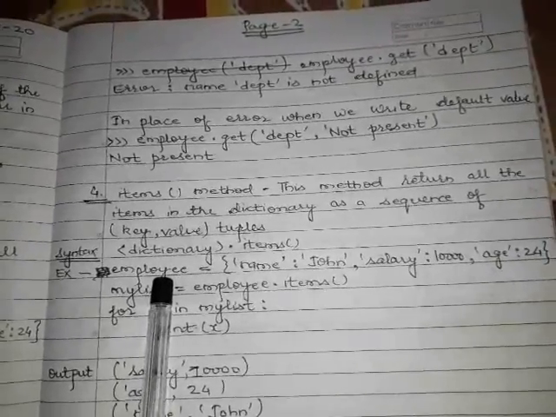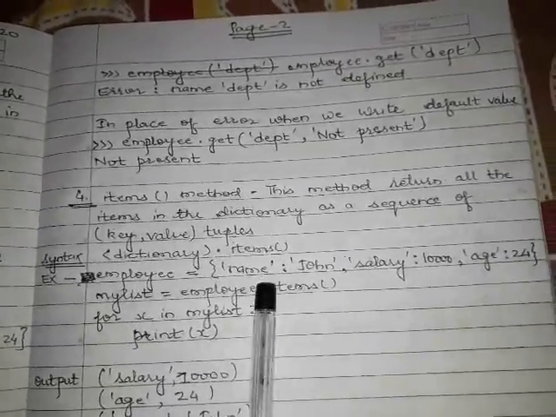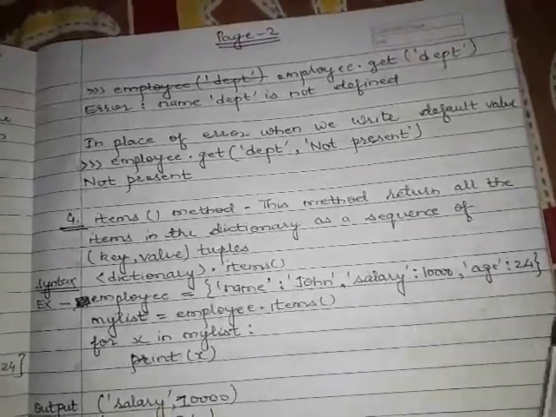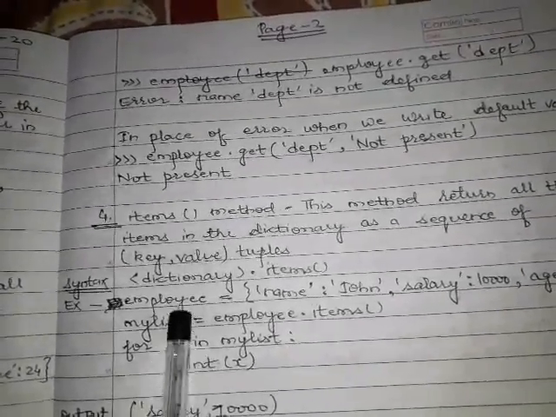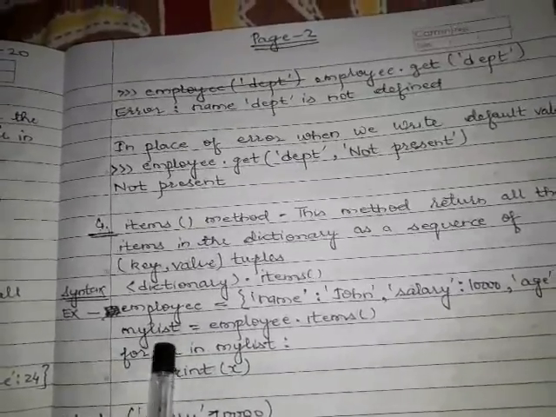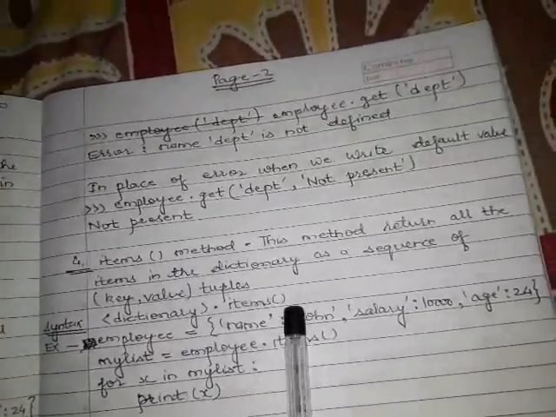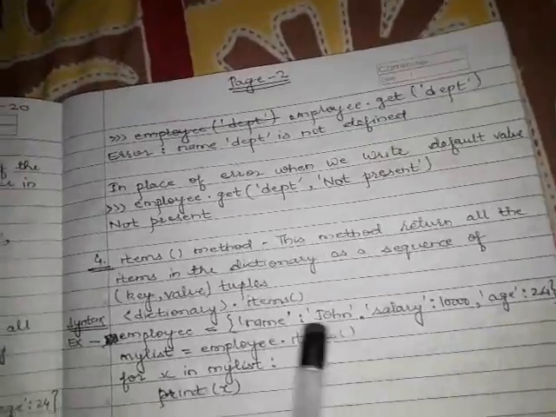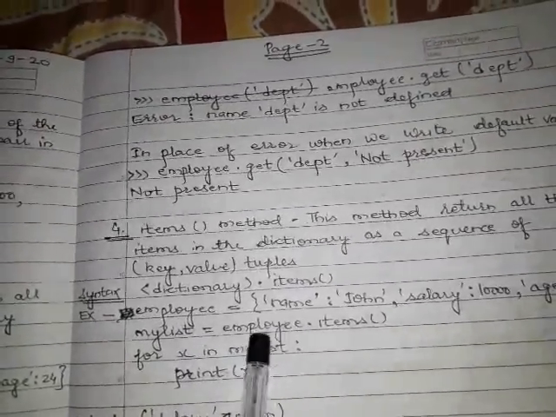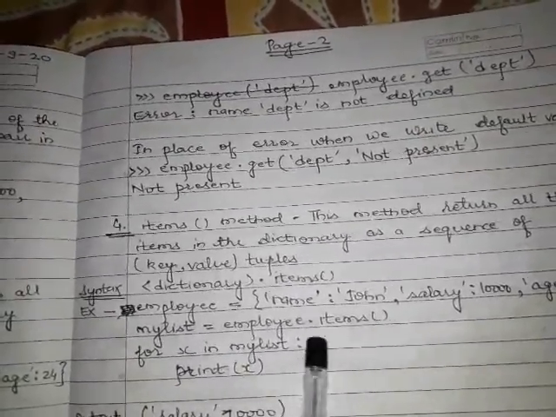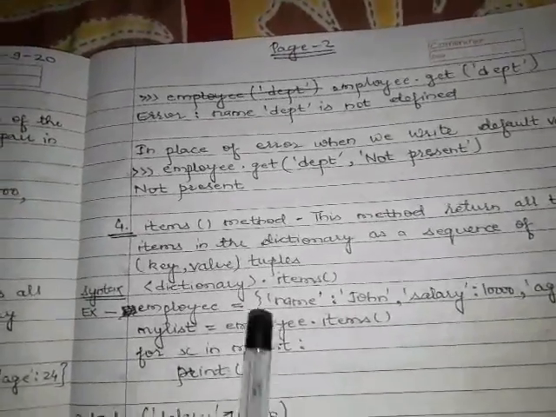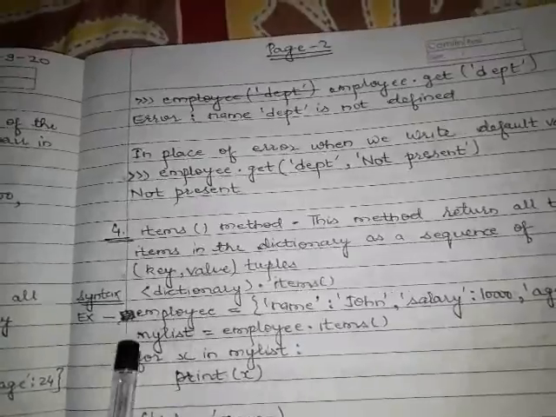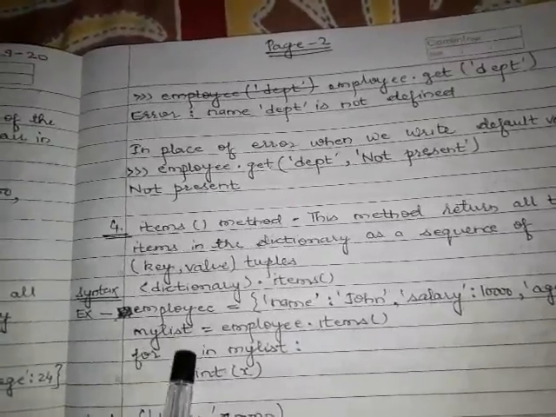Suppose we initialize our dictionary employee, name, salary and age. Now here I am using a variable mylist because there are three key value pairs 1, 2, 3. So in mylist all the key value pairs are assigned by this items method, and you have to use for loop to display all the items from the mylist in the form of tuple.